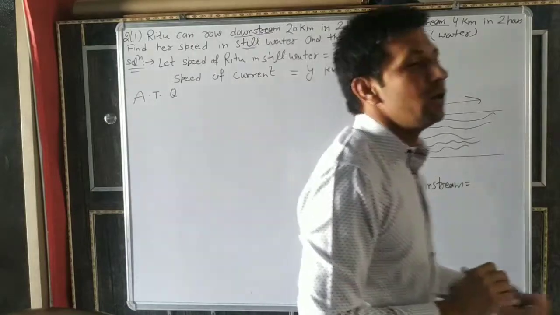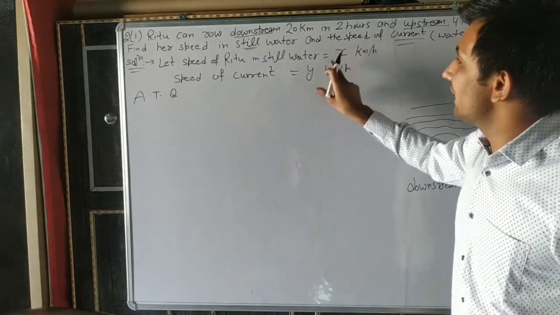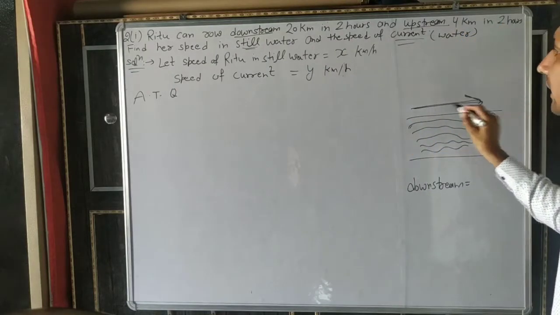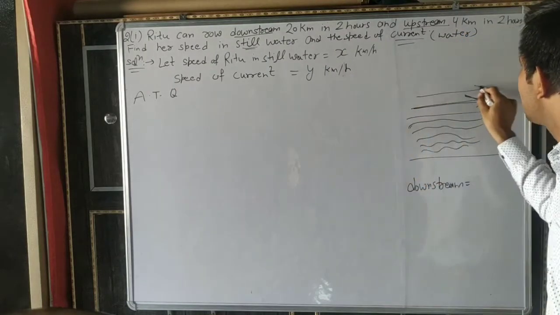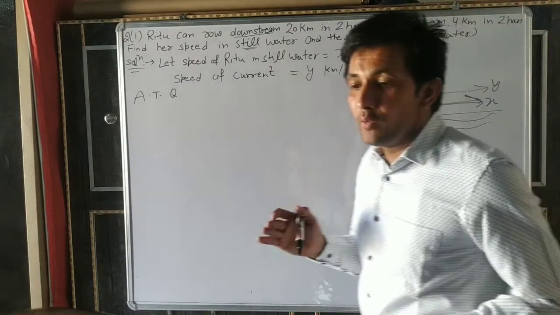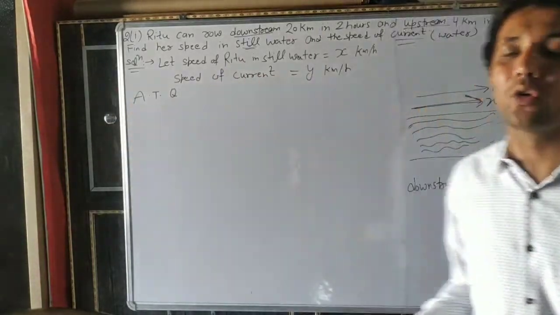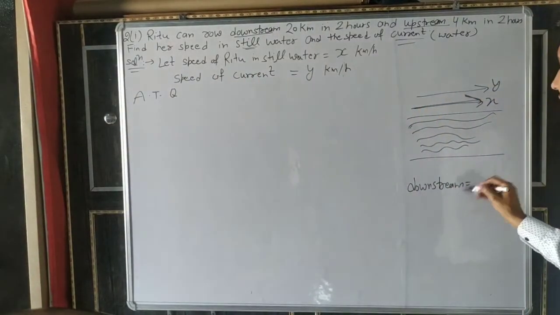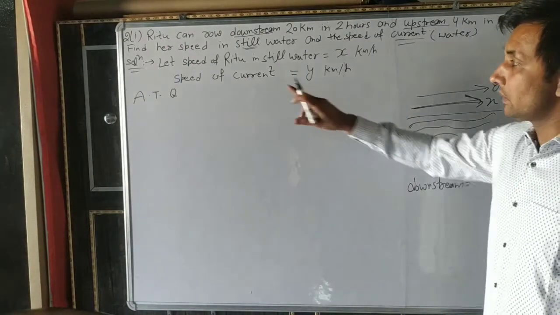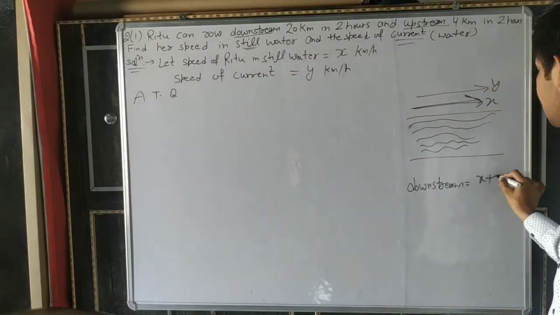Suppose it is x and it is y, and water is flowing in this direction and you are also going in this direction. If you go downstream, in the direction of water, your speed increases. So always in downstream, it is the speed of current and the speed of the man who is swimming, so it is x plus y.